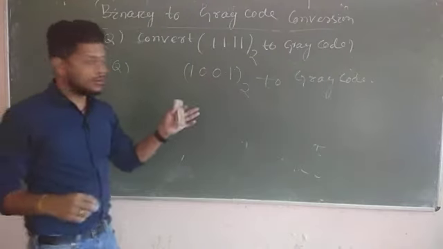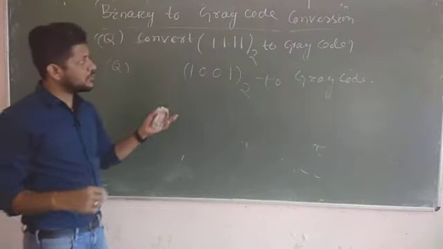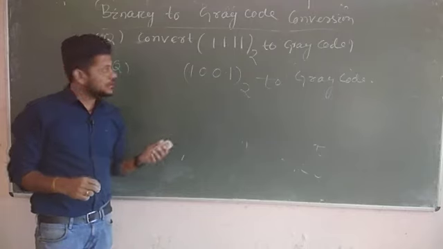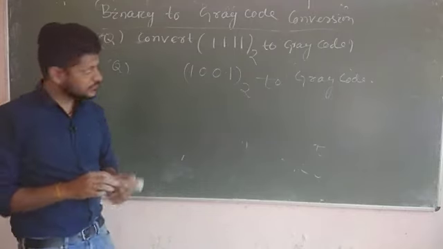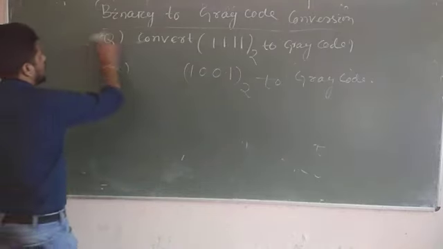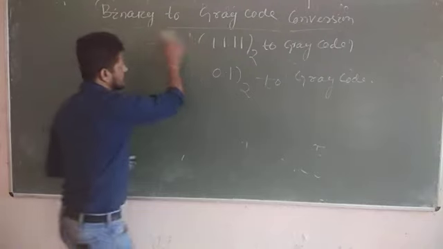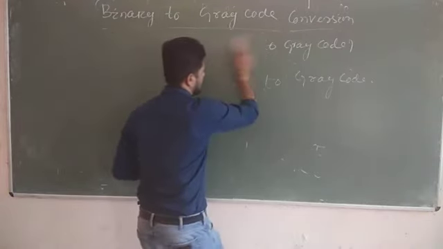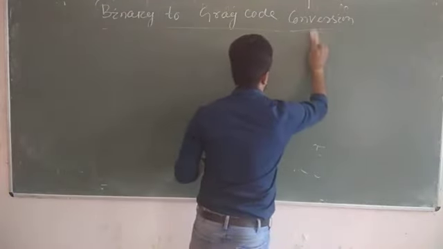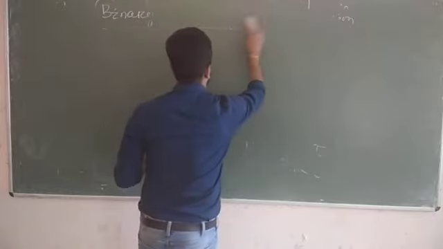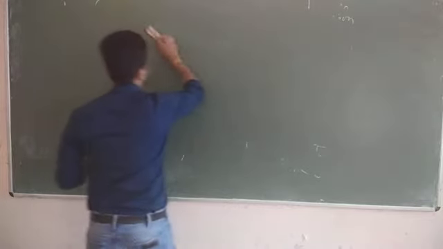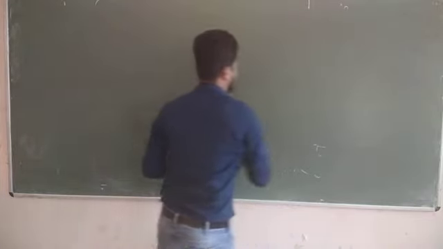So these are two homework questions for you. Try to solve this. Any doubt you can ask me. Then we will learn how to find the binary number if the gray code is given. If the gray code is given, then how to find the binary number.